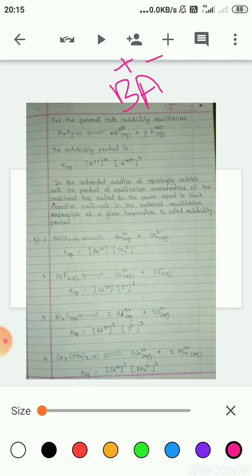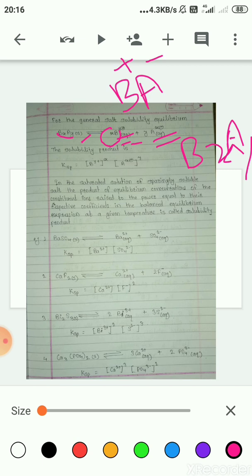So if we consider the formula for the salt BxAy, it forms x number of B^y+ and y number of A^x- ions in aqueous solution.